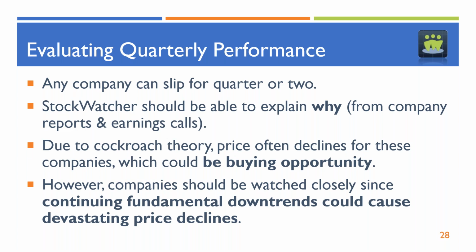Now, there's one theory that you might be aware of, what's known as the cockroach theory, which is to say that if you walk into your kitchen late at night and you turn on the light and you see a cockroach, you likely do not have a one cockroach problem. And the same is true with publicly traded companies.